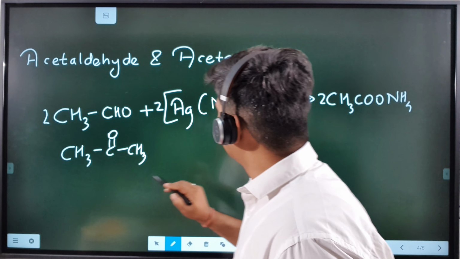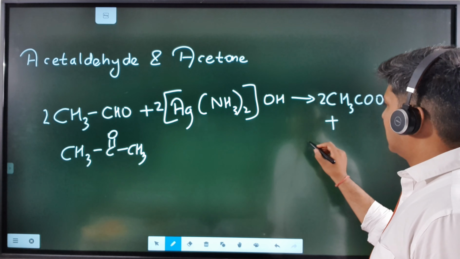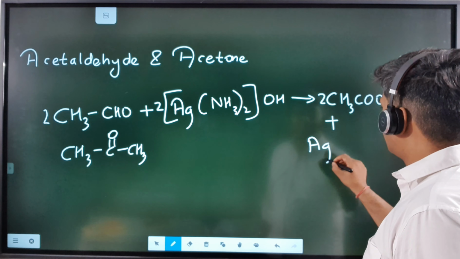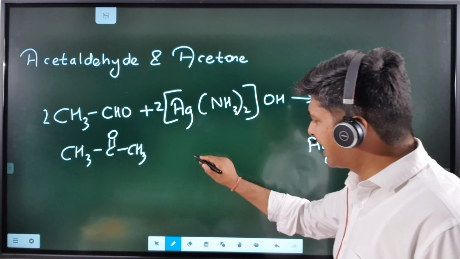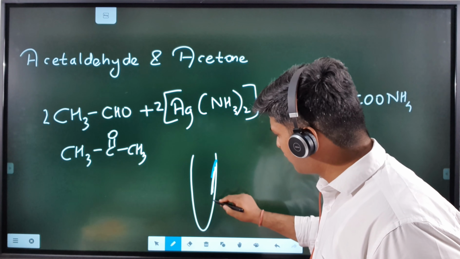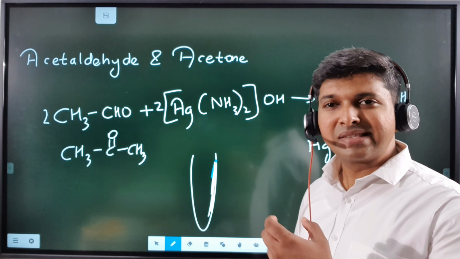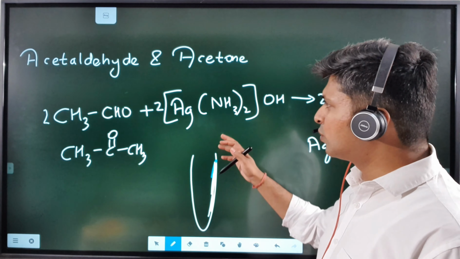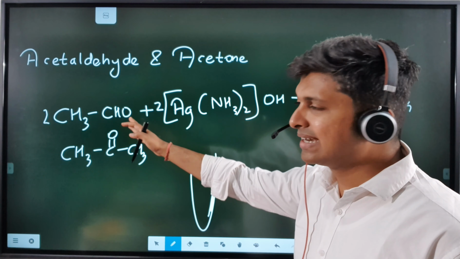And here silver will get precipitated, and when silver gets precipitated on the inner walls of the test tube, you can see a silver mirror test.